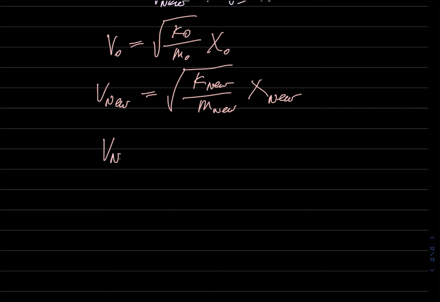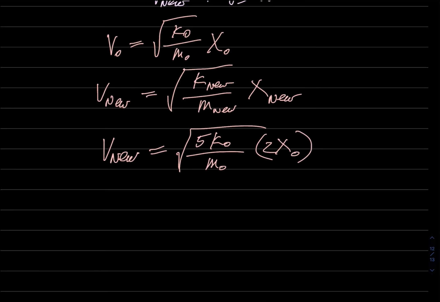So the new velocity equals the square root k sub new is going to be 5 times the old spring constant. m stayed the same, and the new displacement is 2 times the old displacement.